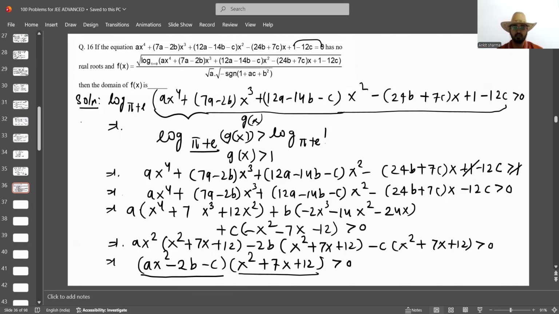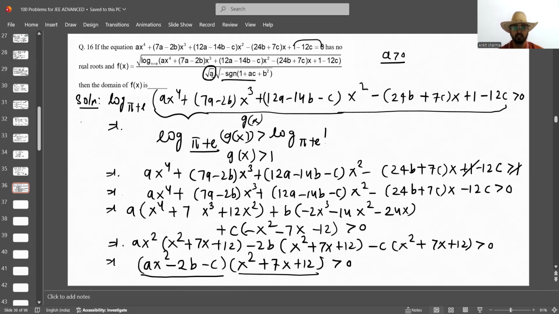Now the only thing is, we need the domain of this function. For the domain of this function, of course, my quantity a should be positive. So a should be positive, and then sgn of negative sgn of 1 plus ac plus b square.